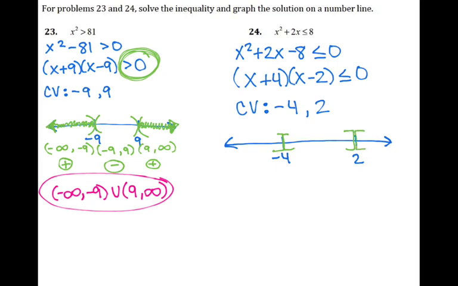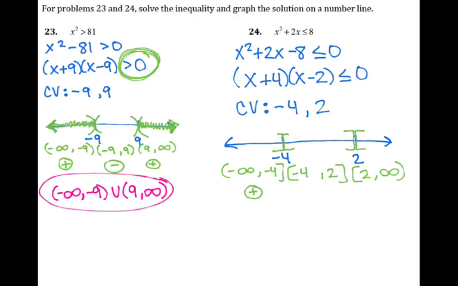And here are my intervals: -infinity to -4, -4 to 2, and 2 to infinity. And again, I'm going to pick test points and determine whether they are positive or negative. So I'm going to plug in -5 for my first interval, and that results in something that is positive.